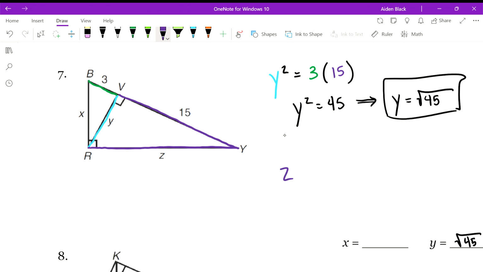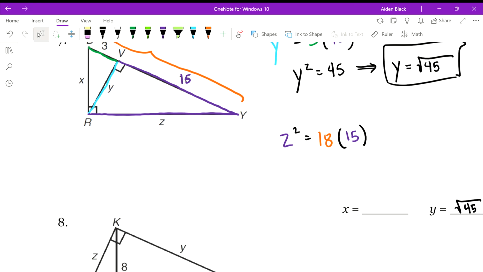So z squared is equal to, what's our entire hypotenuse? 18 times, and you'll see that 15 is that part of the hypotenuse that is adjacent to the leg 15. You can solve from here.